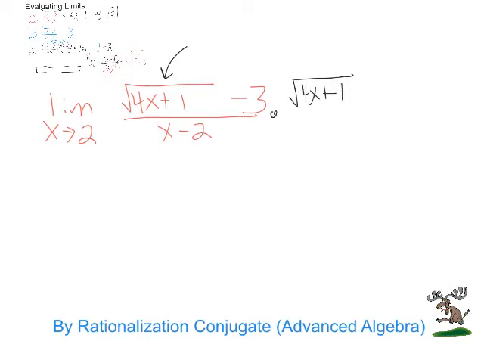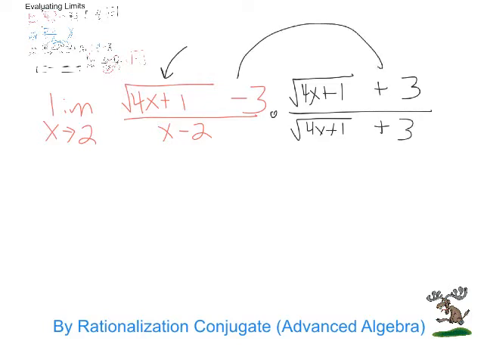So I multiply the top and bottom by the conjugate. So again, what you can do is you can just change the sign that connects them. The minus became a plus. You can also think of it by leaving it the same and changing the sign of the radical. But as long as one of the two pieces has their sign change, it should work out for you.